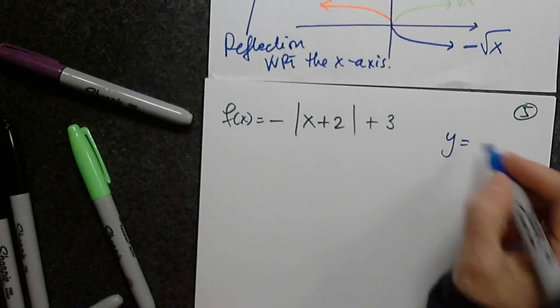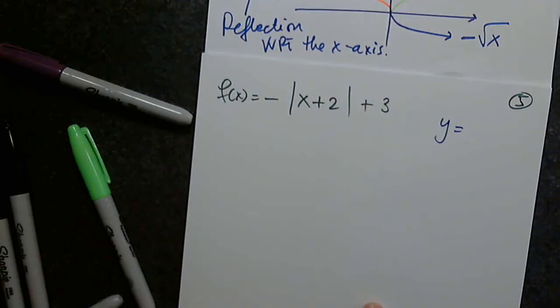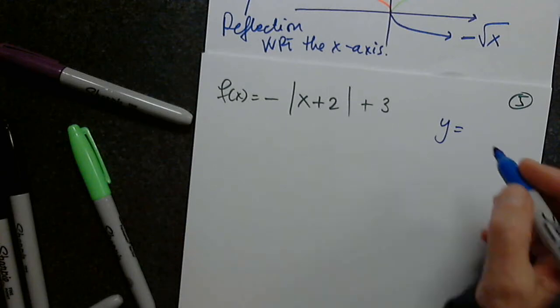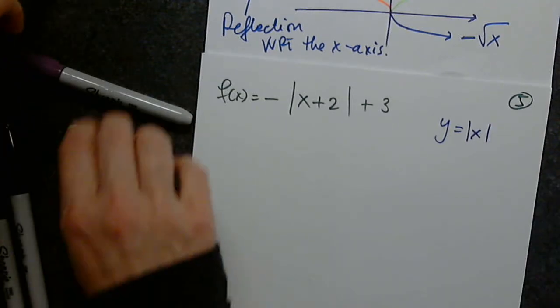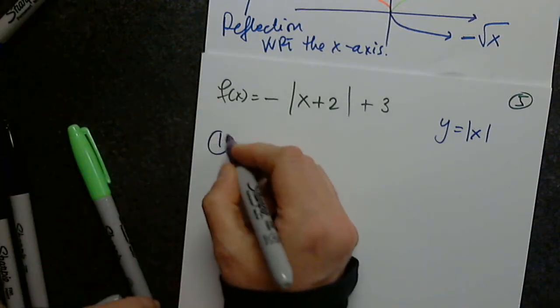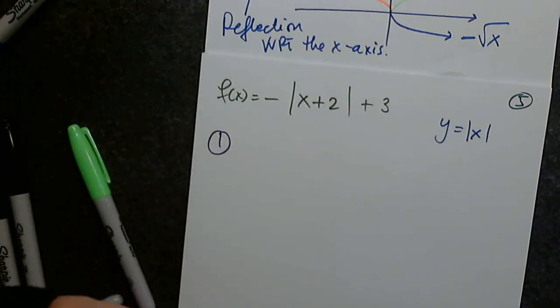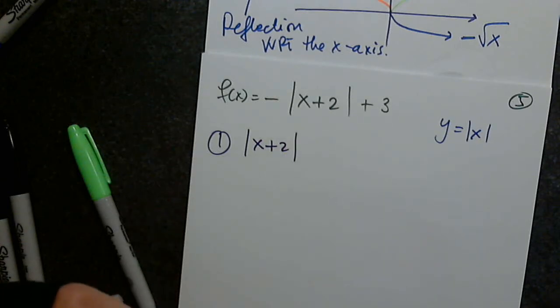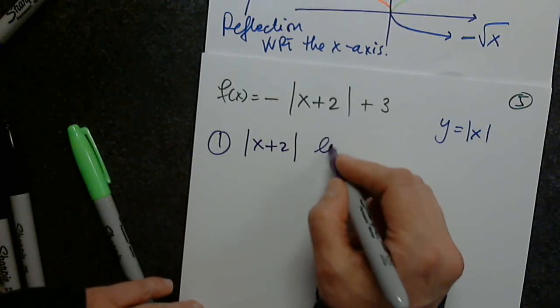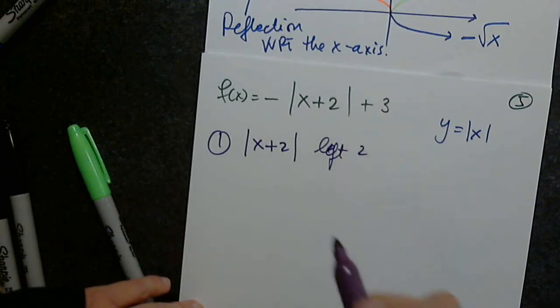Number one, I have to identify the function that was used. The absolute value of x is the function that was used here. Very good. First transformation in order of operations: x plus 2, which is a horizontal shift. Which direction? Very good. Left 2.